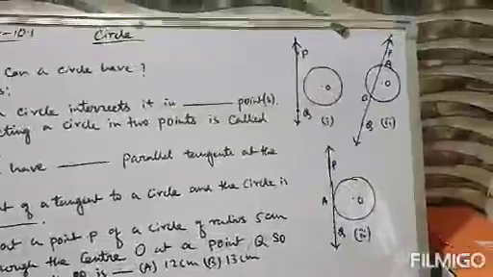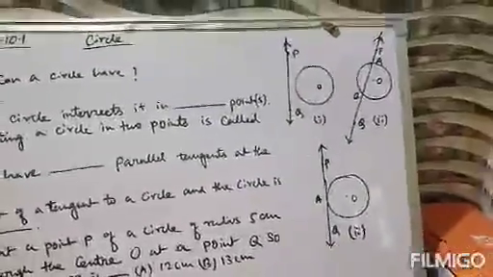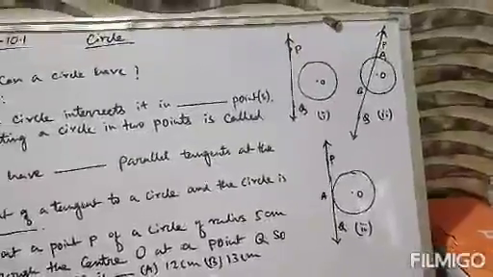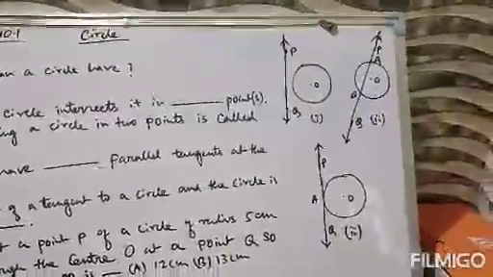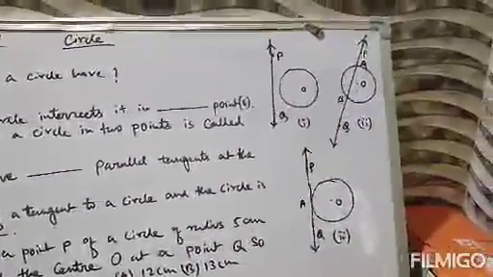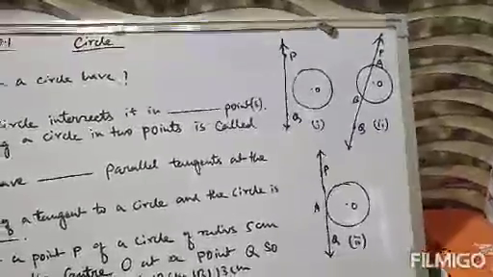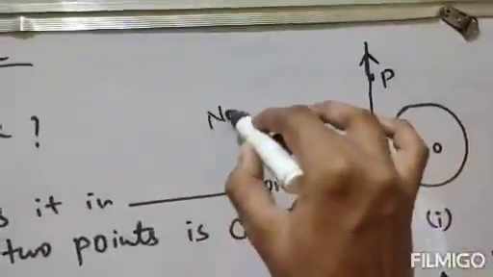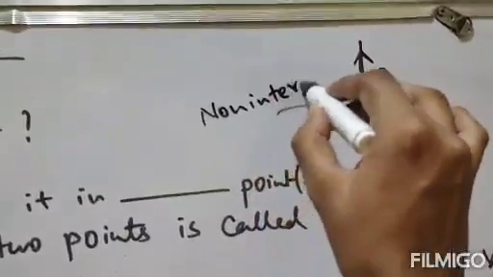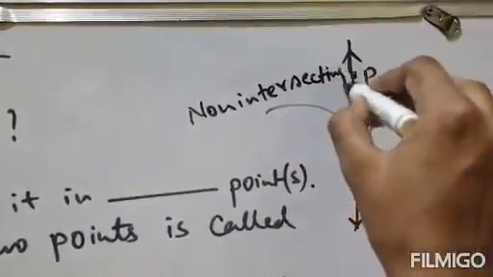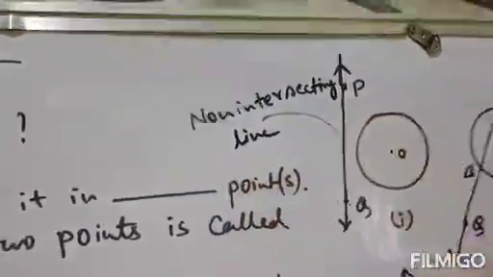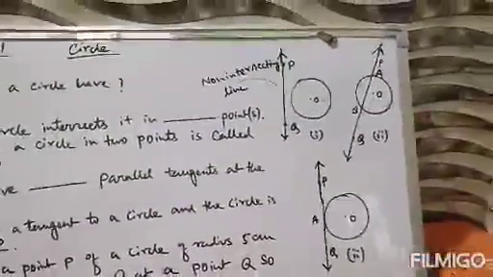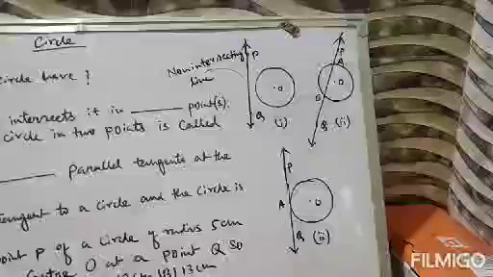That means there is no relation between line PQ and the circle. Therefore it is called non-intersecting line in figure 1.